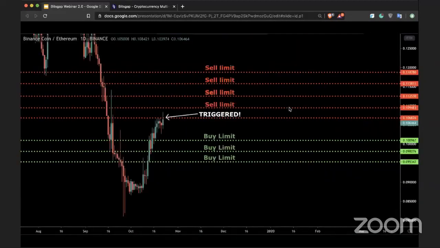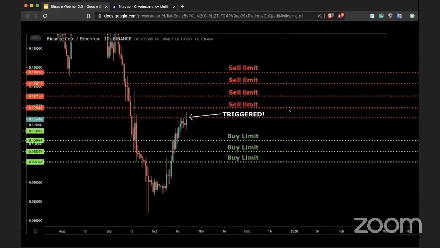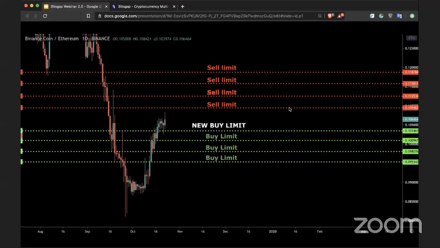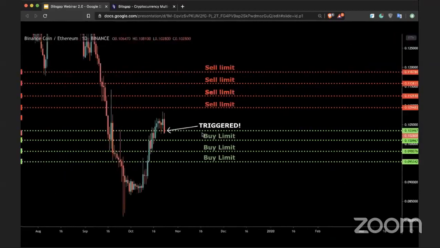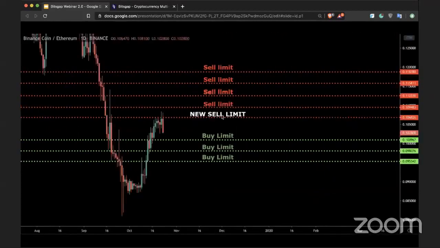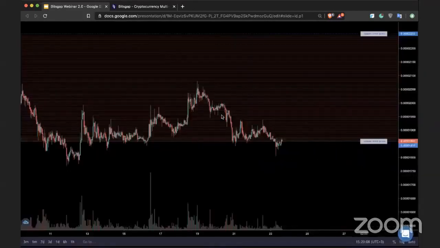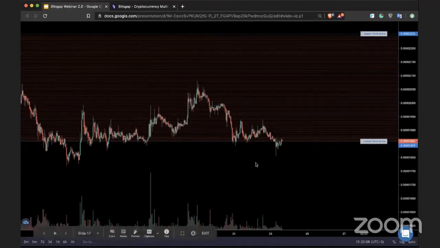And then the price keeps moving upwards, downwards, and you see that it triggers new levels, new limit orders, and if it triggers a buy limit, then it's going to place a new sell limit order. That's the idea. All right. As I already mentioned, you can have only the sell side if you don't want to have a buy side.